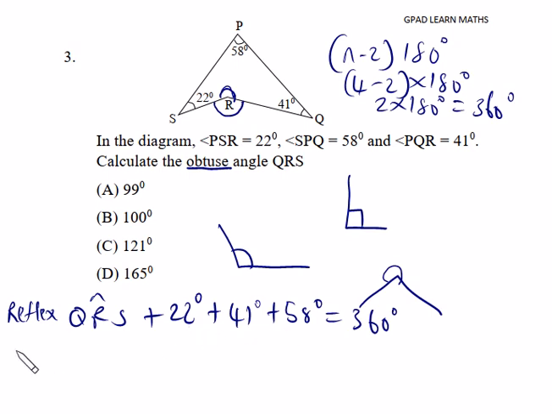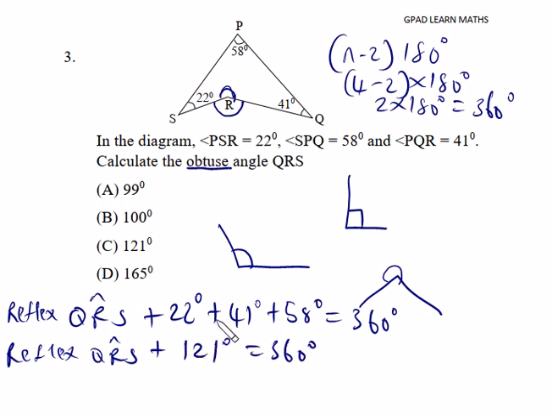So that's reflex QRS plus, if you add this to this and to the other angle, you get 121 degrees, and that's equal to 360 degrees.